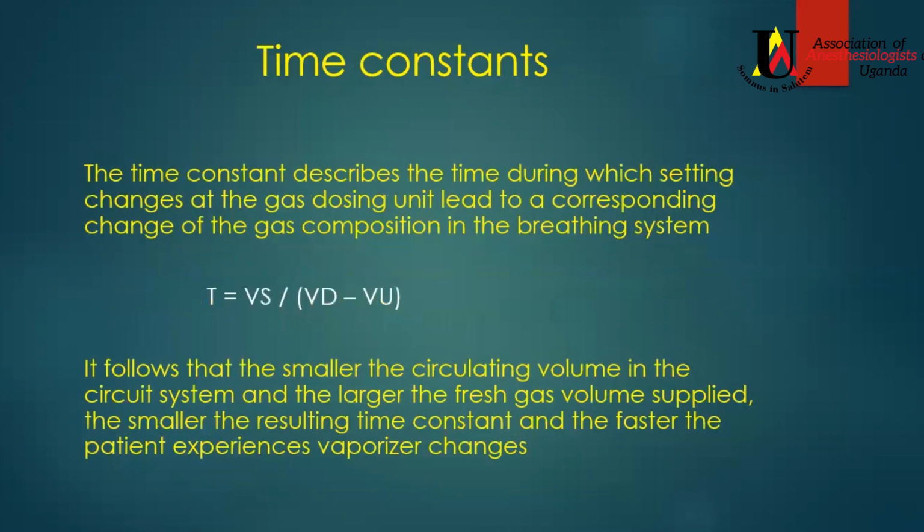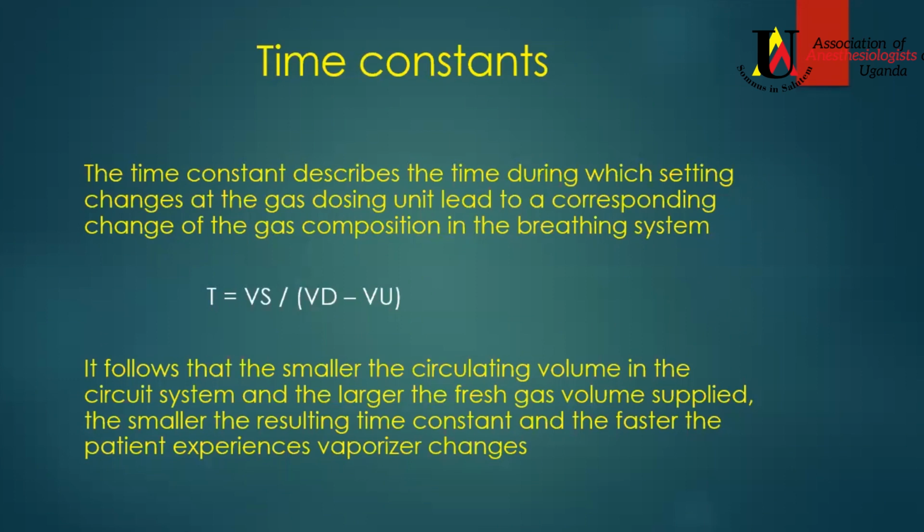So time constants basically describe the time in which the setting changes at the gas dosing unit lead to corresponding changes in the gas composition in the breathing system. Just imagine, let's say the patient is a bit light and you turn your vaporizer, say, from 1.5 to maybe 2.5.